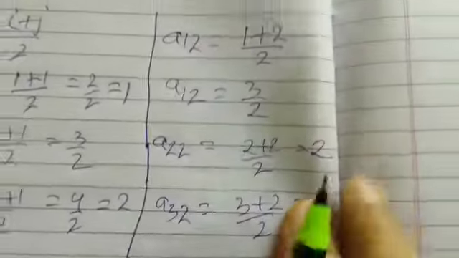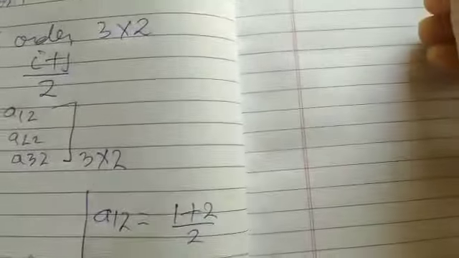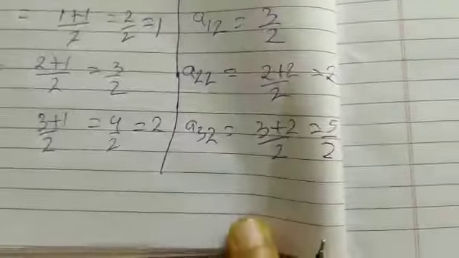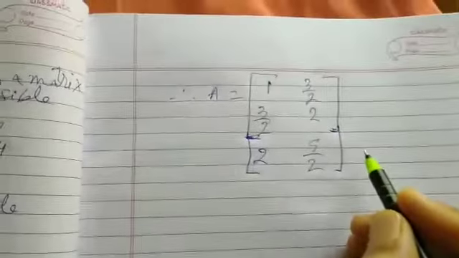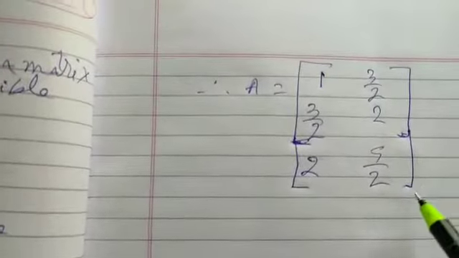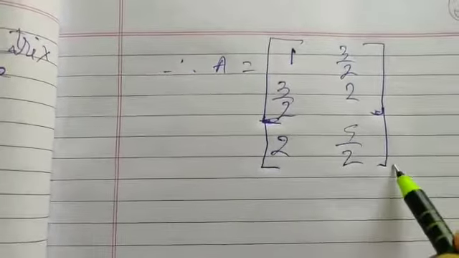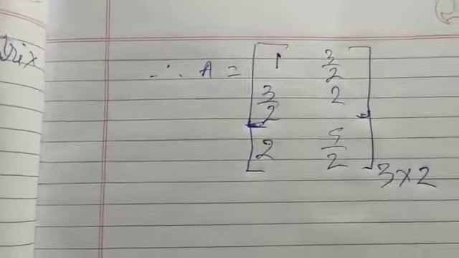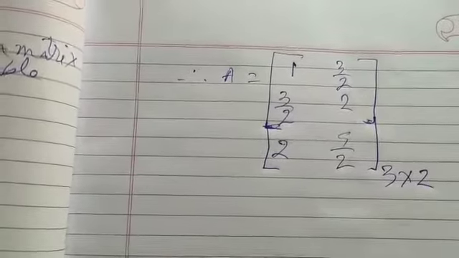A22 is 2. A31 is 2, and the value of A32 is 5 by 2. And the order here, of course, is 3 rows and 2 columns, so 3 cross 2. So this is our solution of the question.